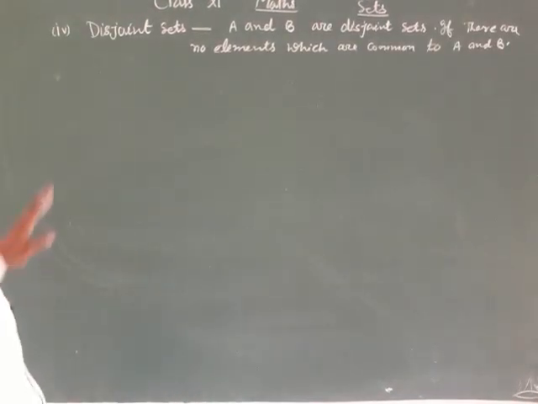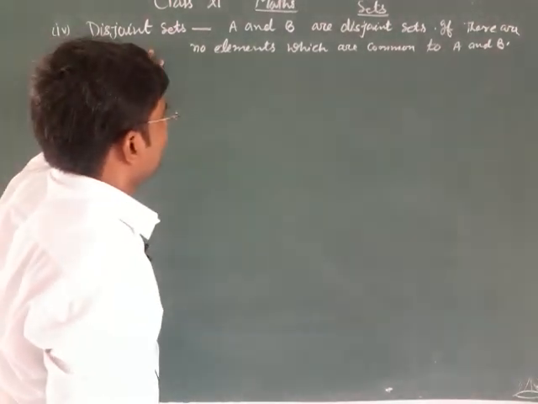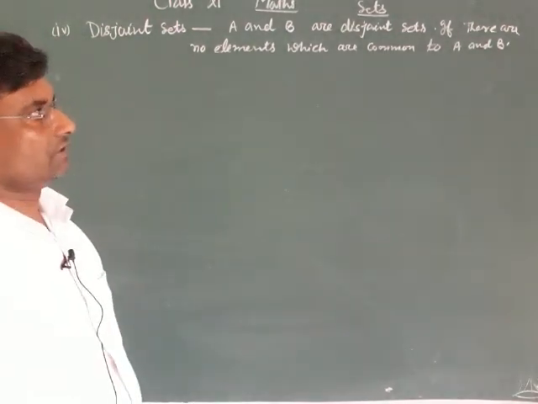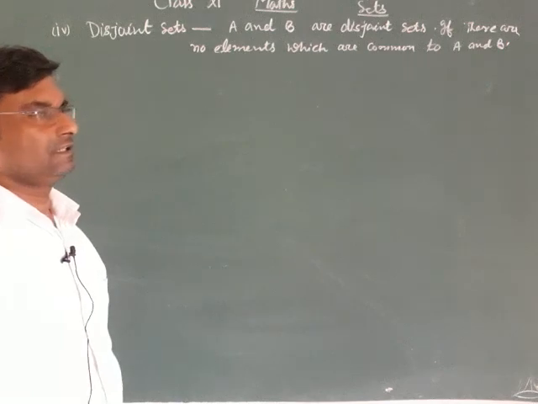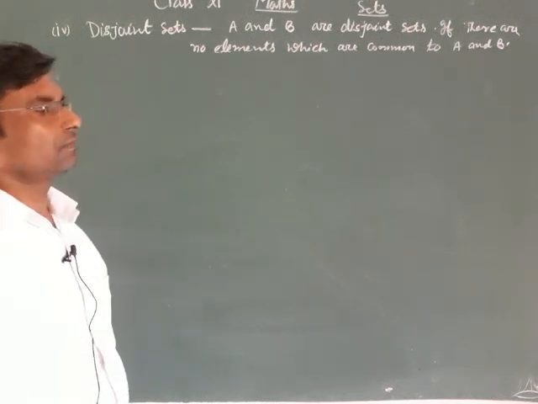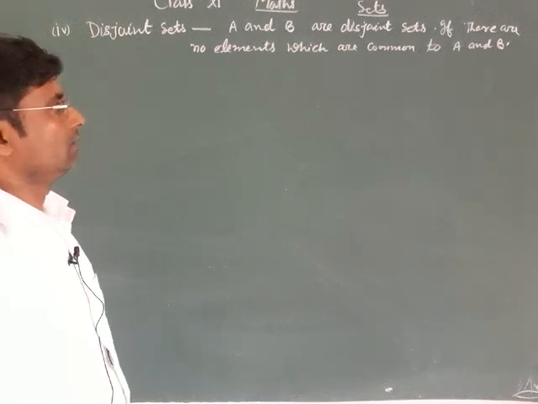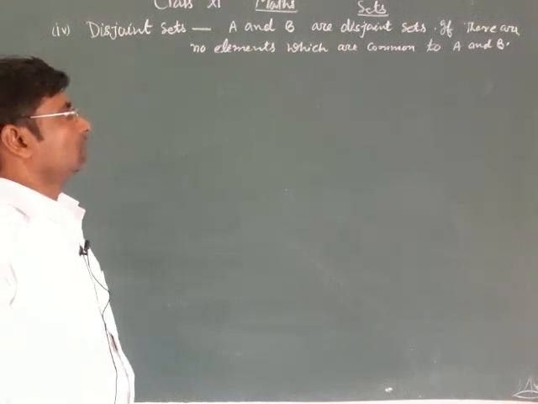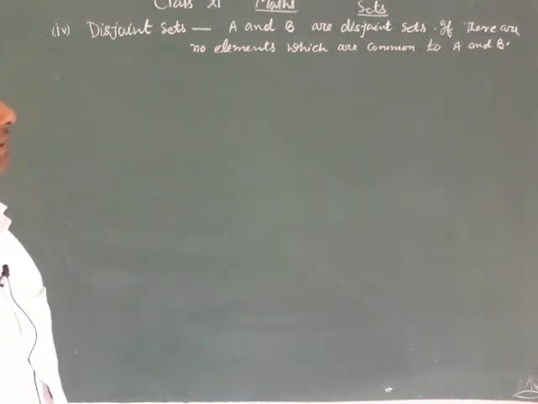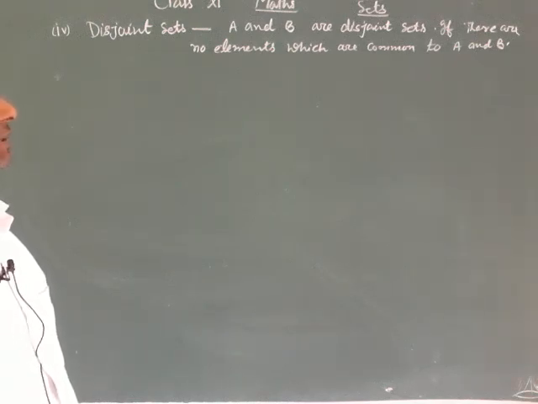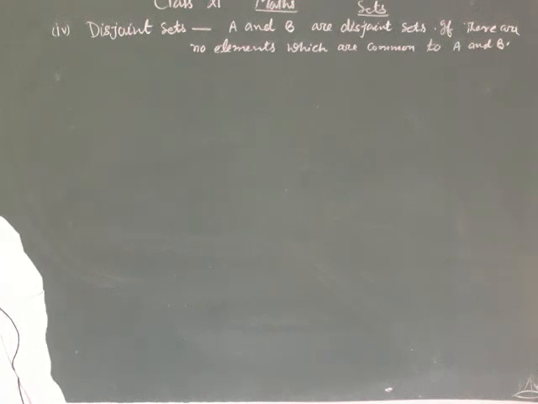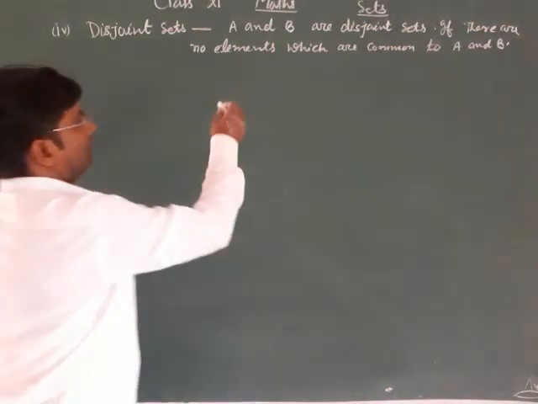And fourth, disjoint sets. Let A and B be disjoint sets if there are no common elements between A and B. This is called disjoint sets.